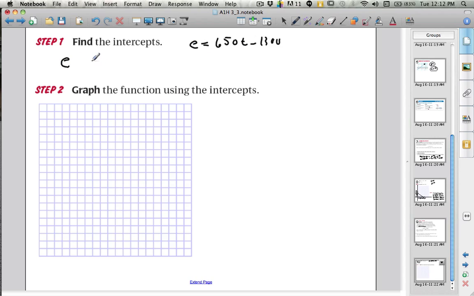The elevation intercept is negative 13,000. Okay, and then if I set E to be equal to 0, 0 is equal to 650t minus 1300. If I add 1300 to either side, that equals 650t, and if I divide by 650, t is equal to 2 minutes.